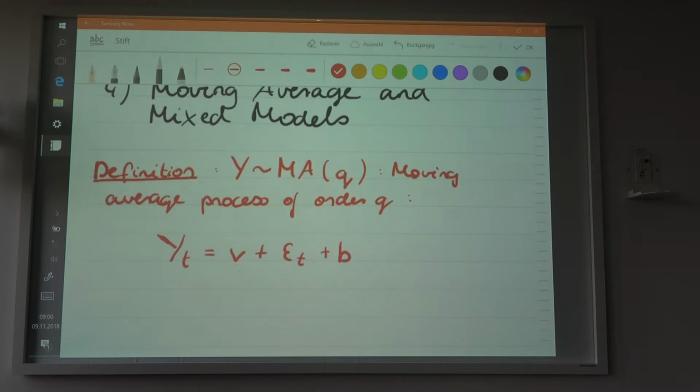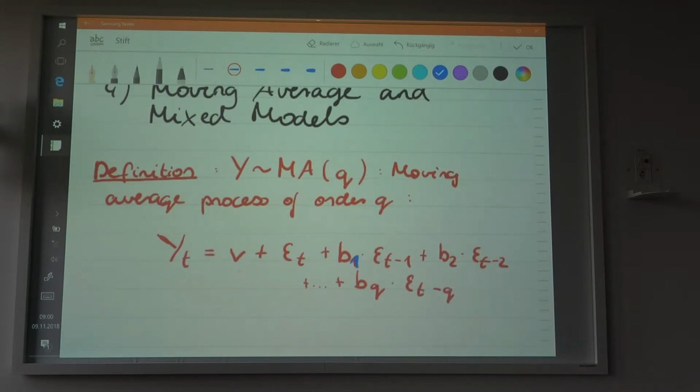So here you have b1 times epsilon t minus 1, here you have b2 times epsilon t minus 2, and so forth. So bq, that's the last one, times epsilon t minus q. So that's how it evolves.